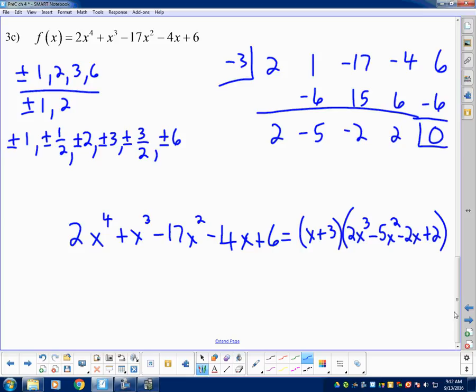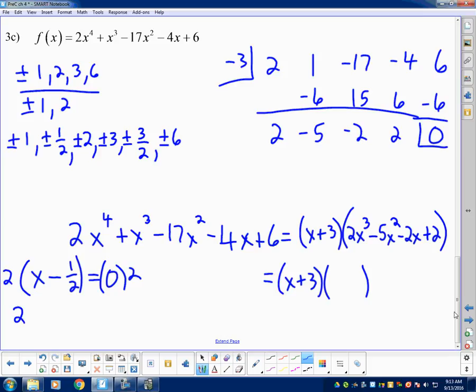So if I were to write this down again, I would say, okay, I know x plus 3 times, now I don't want to write it as x minus 1/2, though. If x minus 1/2 equals 0, then if I multiply through by 2 on each side, so I don't have any fractions, I have 2x minus 1 equals 0.